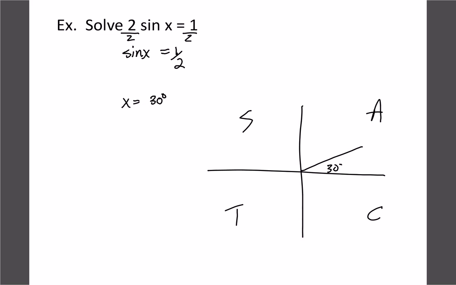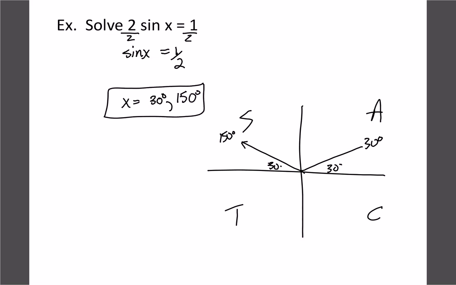If we have 30 degrees as a possible sine value, it will also be in quadrant 2, at 150 degrees. Those would be our answers if we just want 0 to 360. If we wanted all solutions, we could write it in general notation: 30 plus 360n and 150 plus 360n. Or we could even do this in radians, pi by 6 plus 2 pi n or whatever.